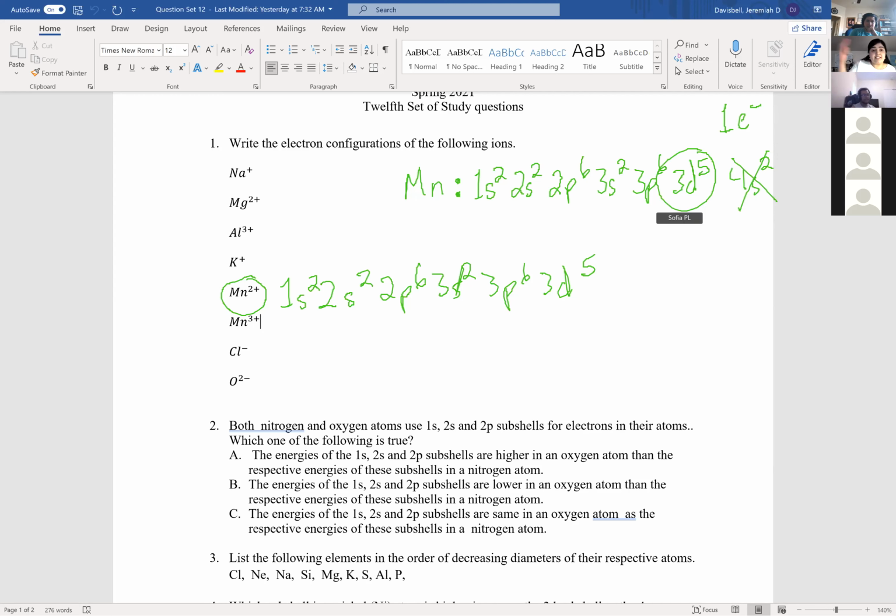Because that's the next highest orbital. So this turns into 3d4, because now we only have 4 electrons in that shell. So our electron configuration for manganese 3+ is 1s2, 2s2, 2p6, 3s2, 3p6, and then 3d4. Does that make sense to everybody?